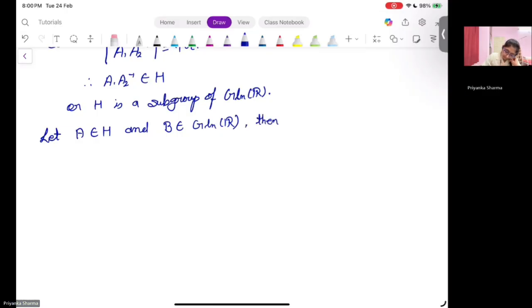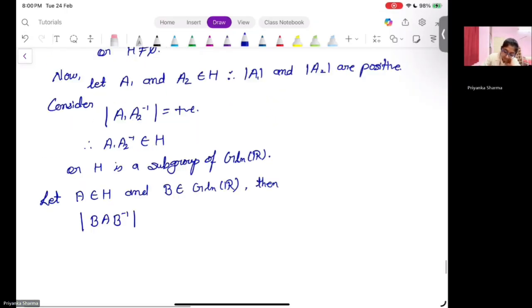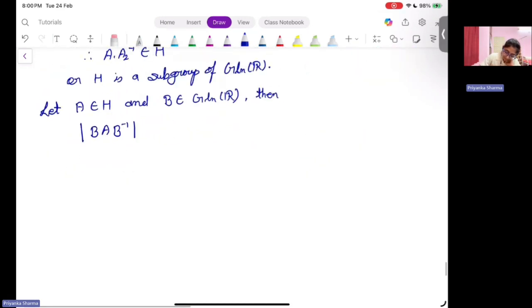Then what will be the determinant of B A B inverse? This will be the determinant of B, the determinant of A, the determinant of B inverse.